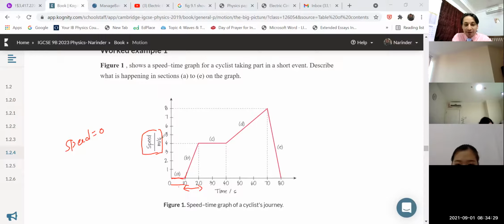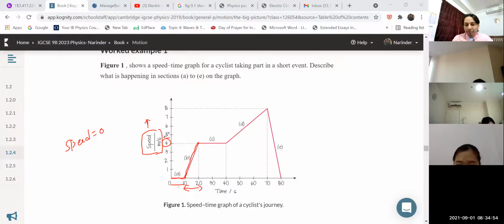Remember, children, its speed along the y-axis is speeding up here. 1, 2, 3, and finally at the end of 10 seconds, the object gains a speed of 4 meters per second.